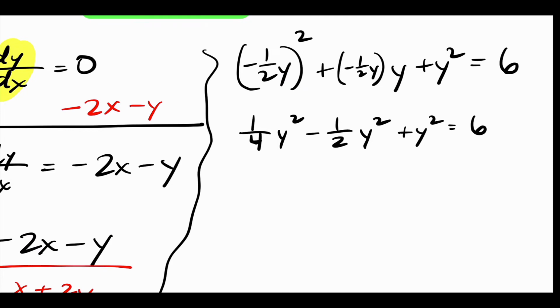Combine like terms. On the left side of the equal sign, they're all like terms. So 1/4 minus 1/2 is negative 1/4. Plus 1 whole is 3/4. So 3/4 y squared equals 6.